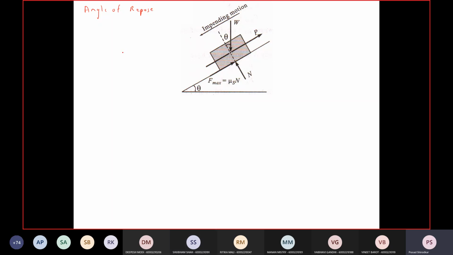Angle of repose is the minimum angle of inclination of the plane with the horizontal at which the body kept on it will just slide down. Okay, there is already a tendency to move due to its self weight. You can consider a block of weight W on an inclined plane which makes an angle theta. When theta is small, the block will be at rest.